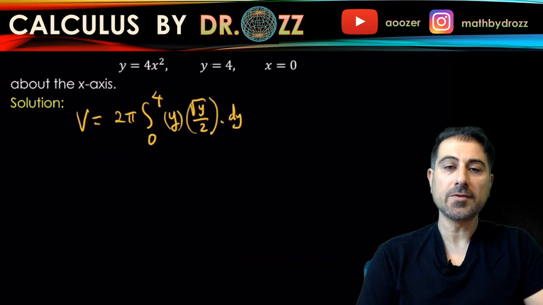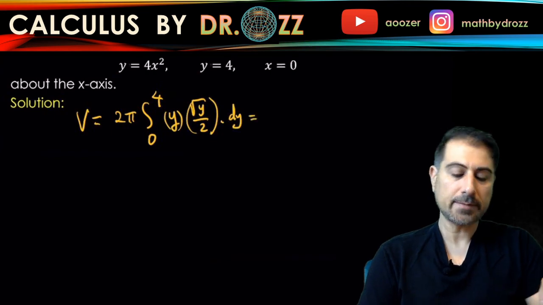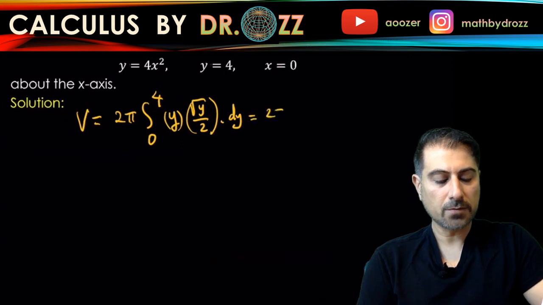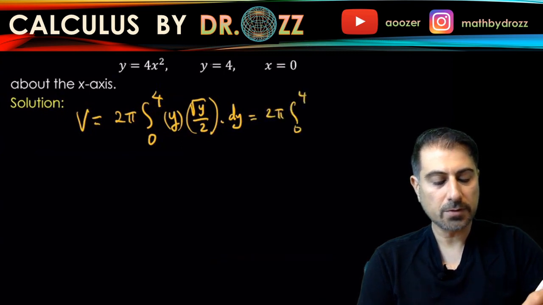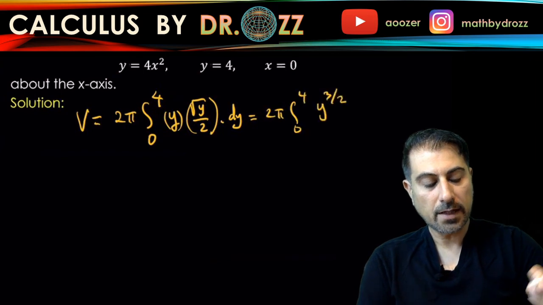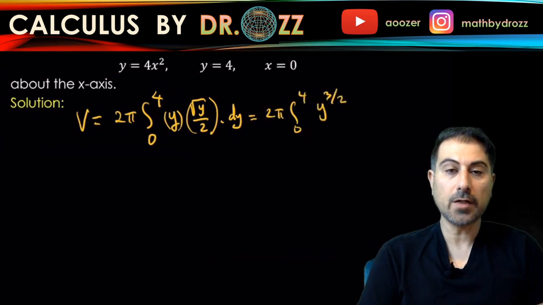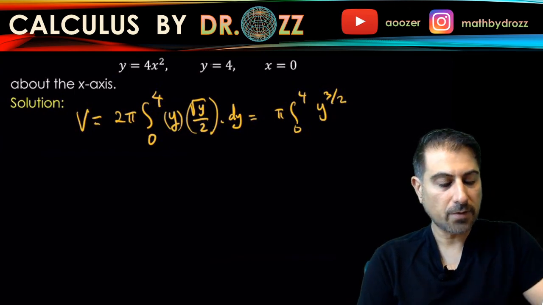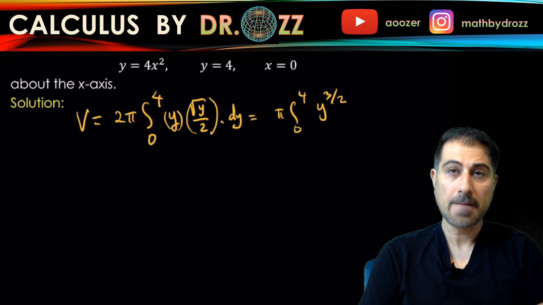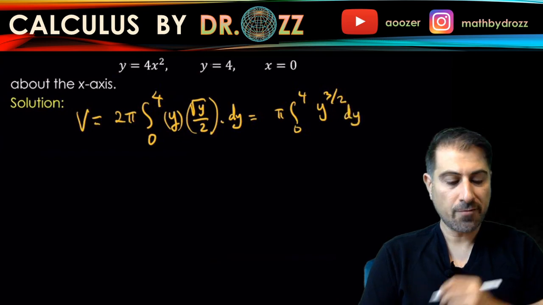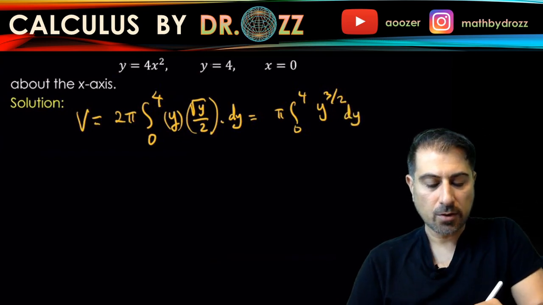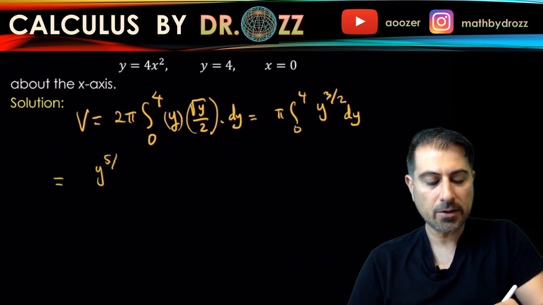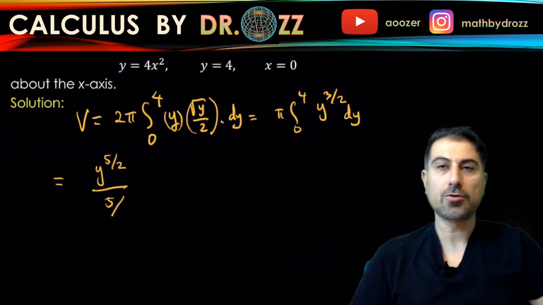Radical y is y to the power of 1/2, and y times radical y is y to the power of 3/2, and I'm going to pull the bottom 2 out, so 2 pi over 2 makes it just pi, and then this is dy. We can integrate this in one shot: y to the power of 5/2 divided by 5/2, and you have pi here, from 0 to 4.